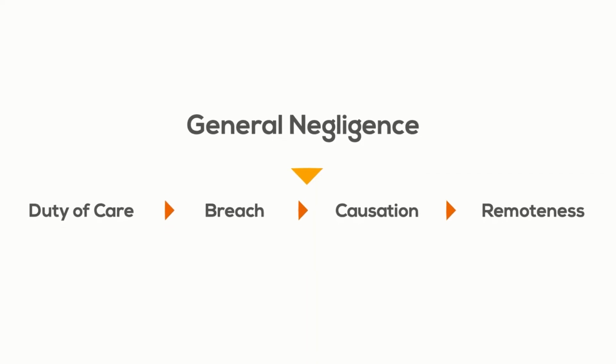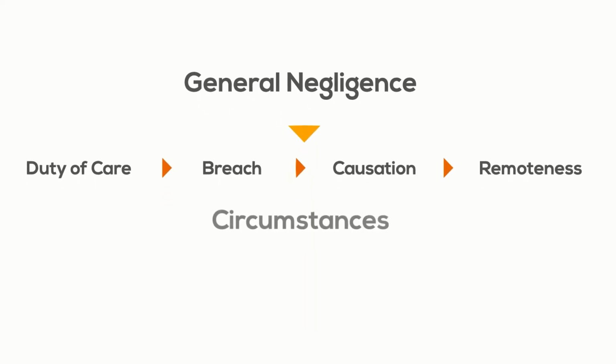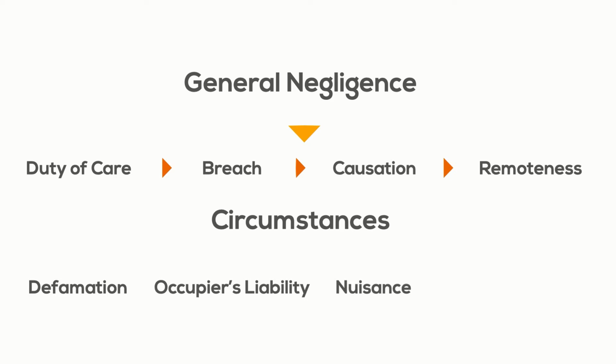Now, based on the circumstances between these parties, the type of negligence will differ from defamation to occupier's liability, to vicarious liability, to nuisance, or the rule in Rylands v Fletcher. So for instance, if the defendant had negligently said something which harmed the reputation of the claimant, that will be categorized under defamation as a claim.